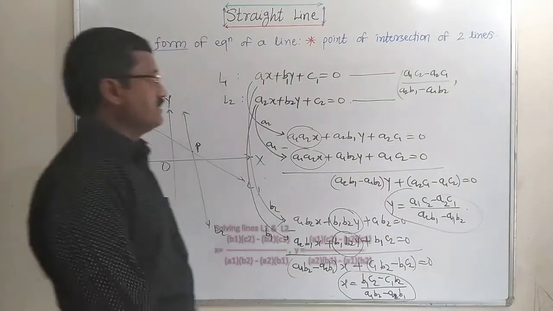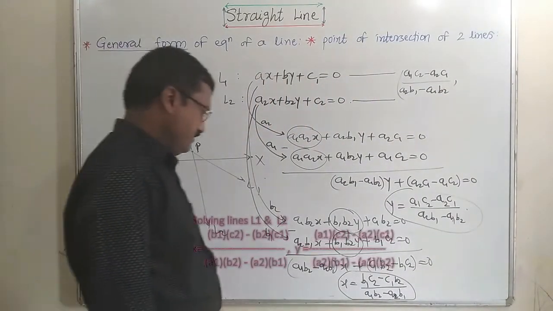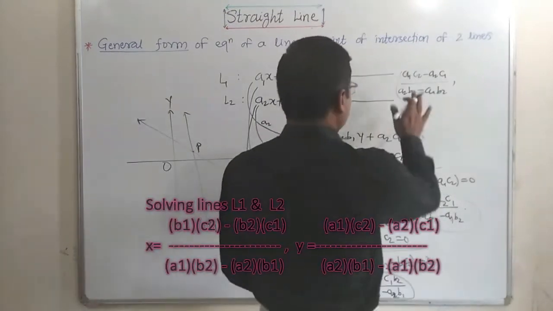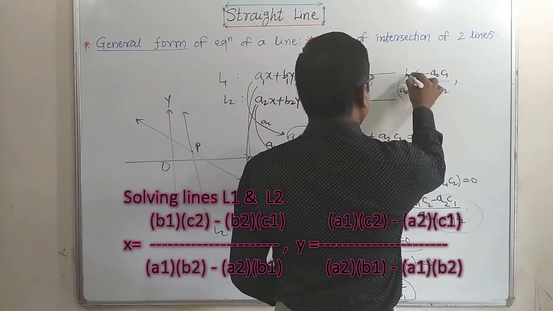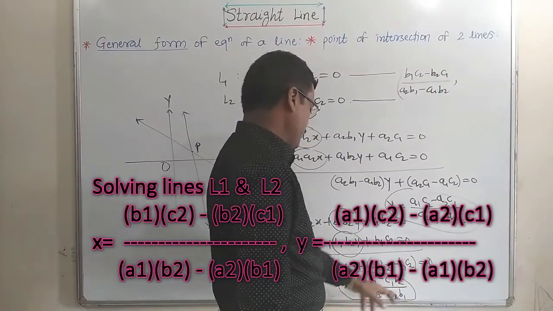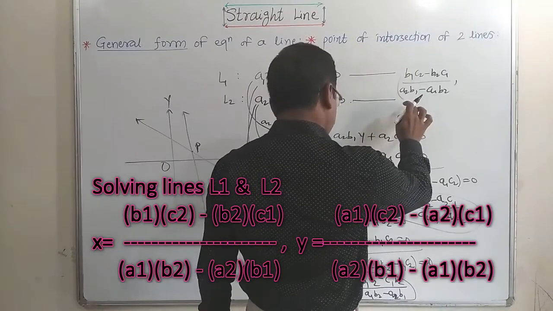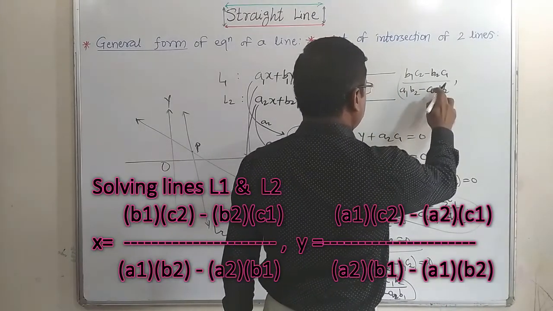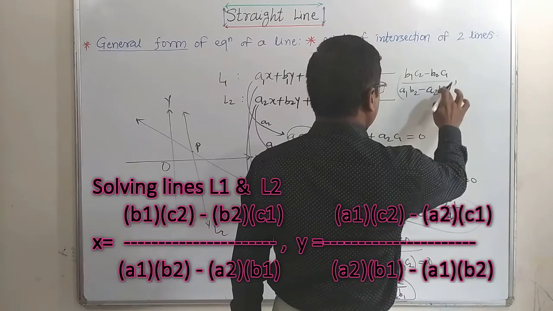This is the y coordinate. Before that, the x coordinate is b1 c2 minus b2 c1 upon a1 b2 minus a2 b1.